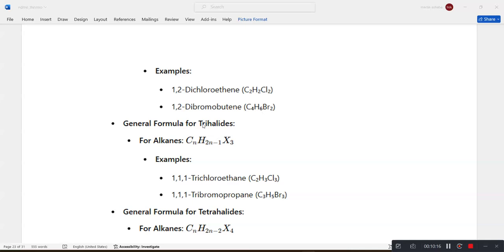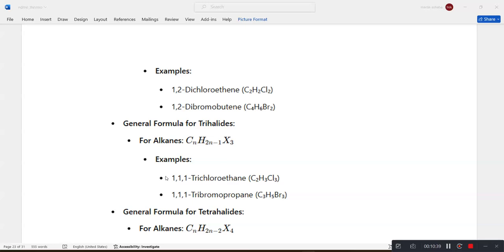Then we have the general formula for trihalides. These are the ones in which three halogen atoms react with the alkane or the hydrocarbon, and replace around three hydrogen atoms.